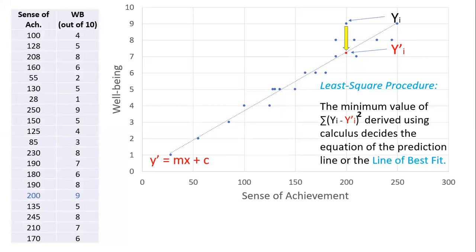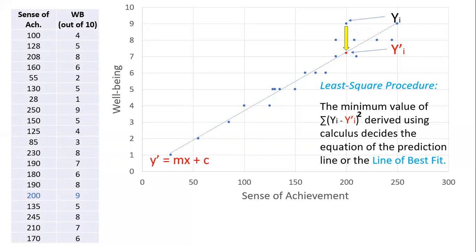Y prime we are saying because it is the line of prediction. So when we talk about y prime, these are the predicted values with the help of estimation that we will be going into very soon. And again, that y prime will be equal to mx plus c. So the prediction line follows the formula for a line.